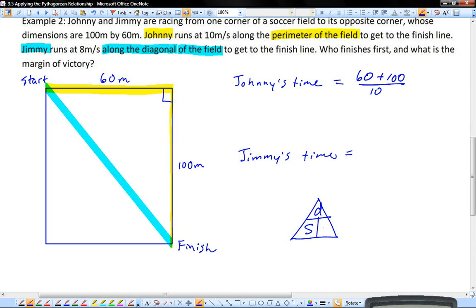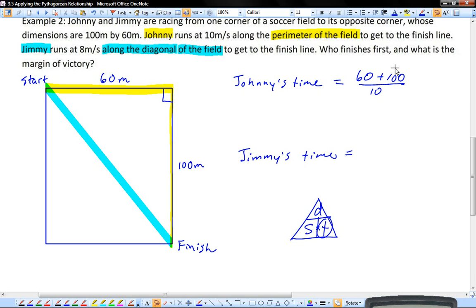Distance is equal to speed times time. Right? If you'd like to know speed, you're doing distance over time. Okay. If you would like to know what is the time that it takes to do a certain distance at a certain speed, it's distance over speed.